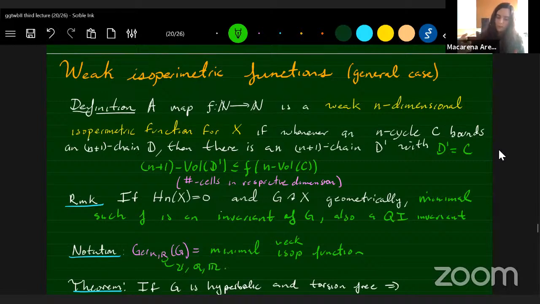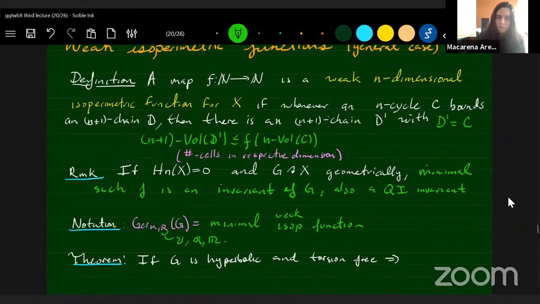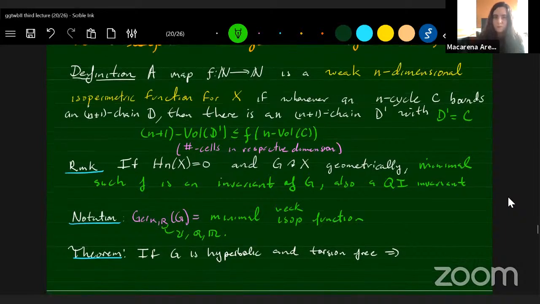And in the higher dimensional cases, we also have a theorem for hyperbolic groups. So if a group is hyperbolic and torsion-free, then its higher dimensional weak isoperimetric functions are linear.